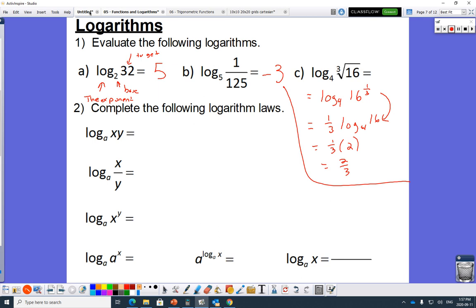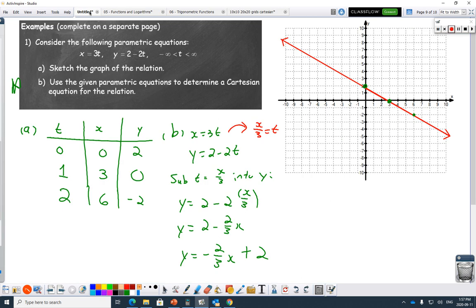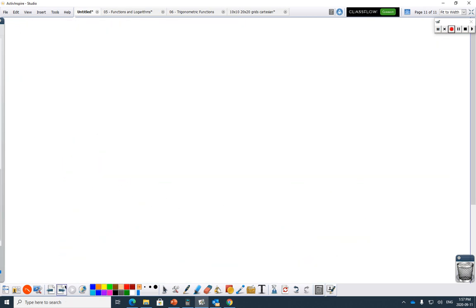Back to my untitled one here. Here's why we liked it so much. Say you've got 3 to the x equals 100. Really difficult question, because we never taught you logs before. But if you put a log on both sides, in this case log base 10, log law 3 jumps right in and says, if you want, it's up to you, this exponent can come down and be a multiplier out front.